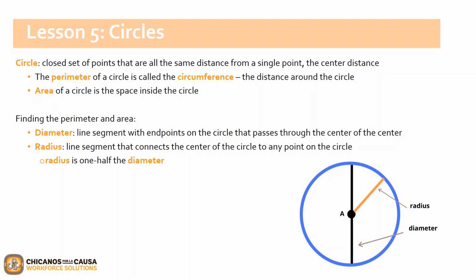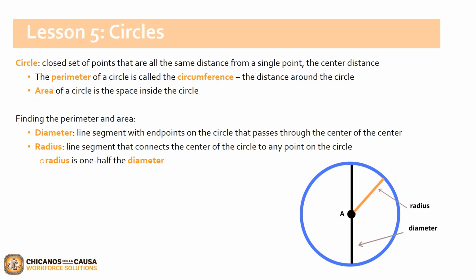The area of a circle is the space inside the circle. So finding the perimeter and the area, as I mentioned before, you need other measurements than just the height or the base, because in this case, we do not have any bases. So let's look at the different measurements that we need to find the perimeter and area. First of all, we need a diameter. As you can see in the diagram, the diameter is a line segment with endpoints on the circle that passes through the center of the circle.